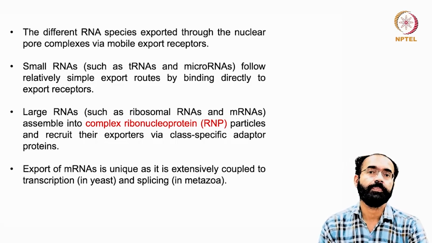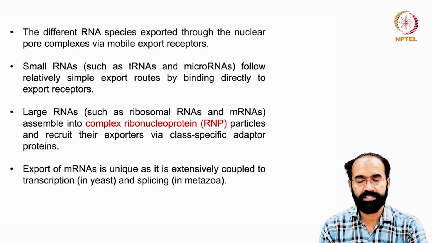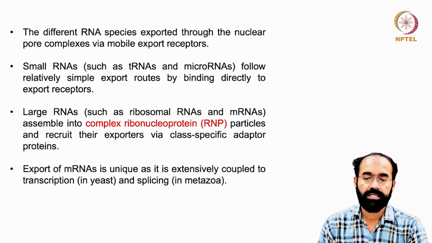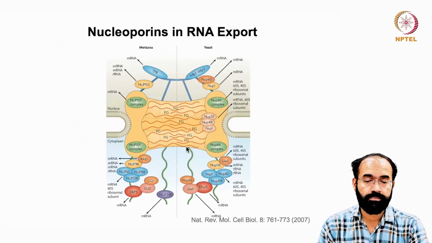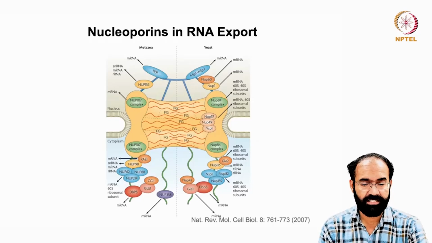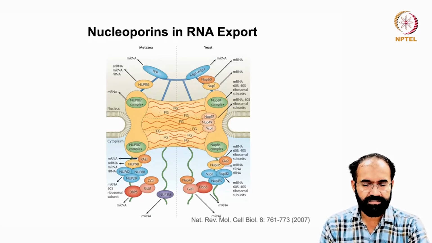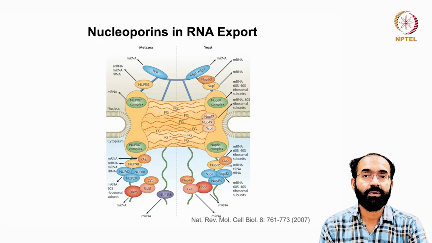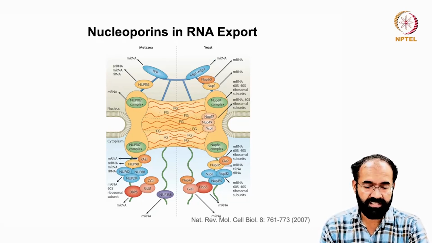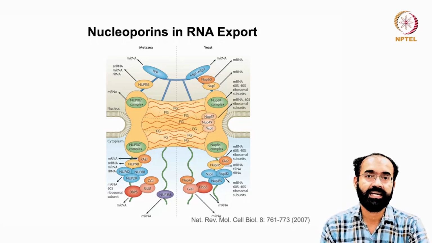Now let us see a diagrammatic representation of the nucleoporins in the RNA export. This slide will look very complex and quite cumbersome, but understand that many proteins are present in the nuclear pore complex and there is no easier way we can simplify it.